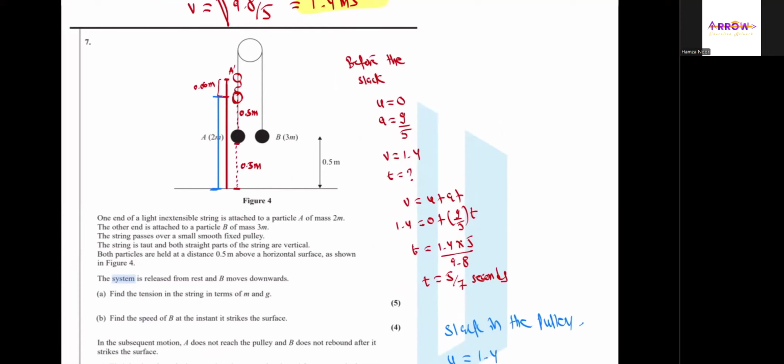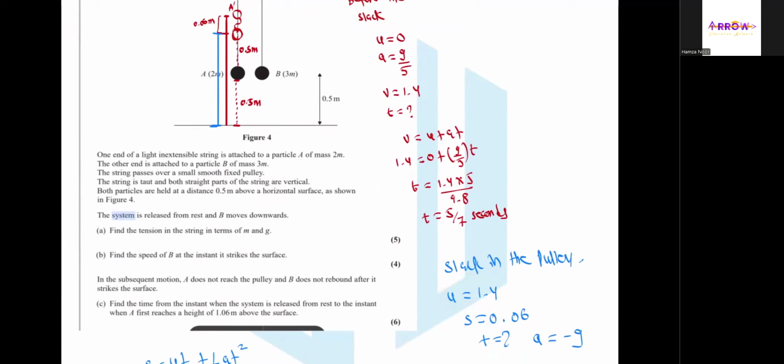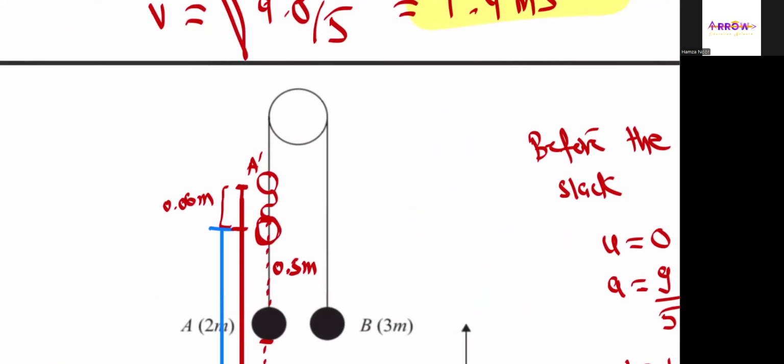All right. And then we have the slack in the pulley journey, the instant when slack happens. After the slack in the pulley, the initial speed will be 1.4, because the final speed before the slack will become the initial speed after the slack. And due to slack in the pulley, particle A will cover a distance of 0.06 meter above this point.